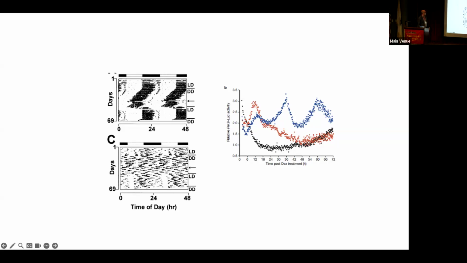This is some light pulse added in here. In a BMAL1 knockout animal, you just have a disorganized pattern without any circadian rhythmicity at all. And that's true in cells too. If you remove BMAL1 from cells, shown in black here, you lose this internal oscillation of the cellular rhythm.